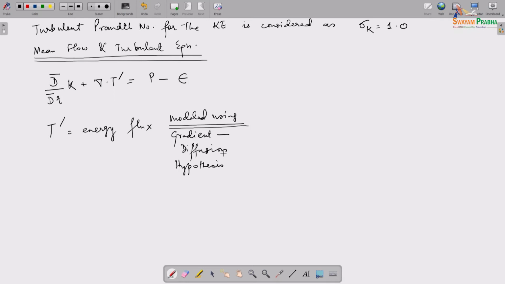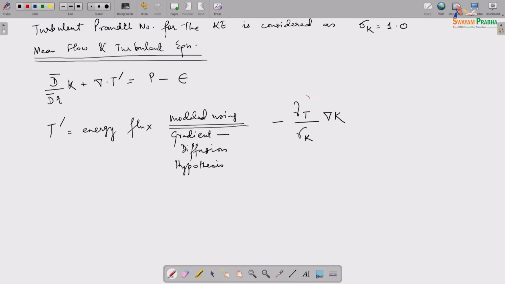This is something we described earlier. So we model that, and that comes out to be the gradient of this, and there is the turbulent viscosity. This is something we've described earlier.